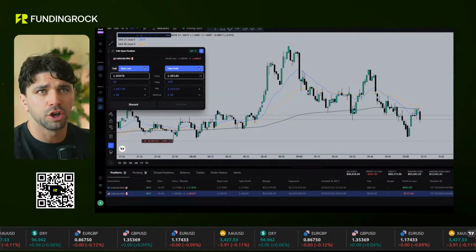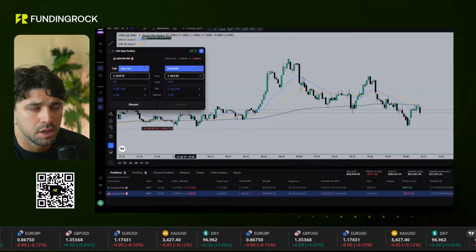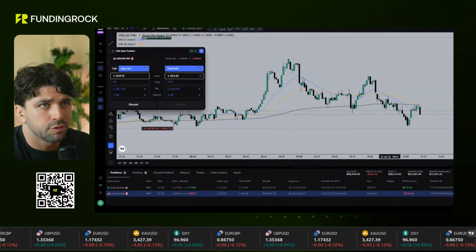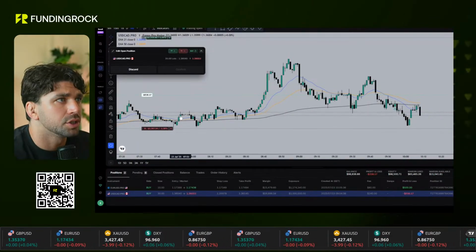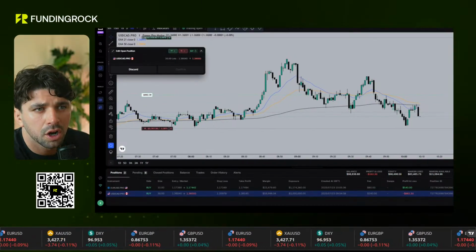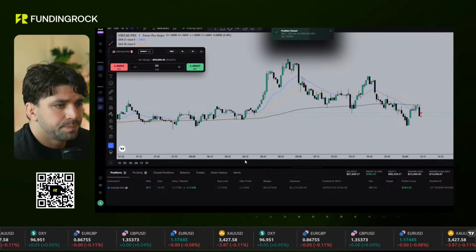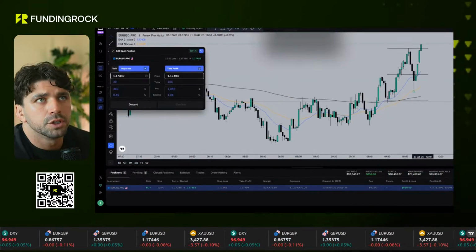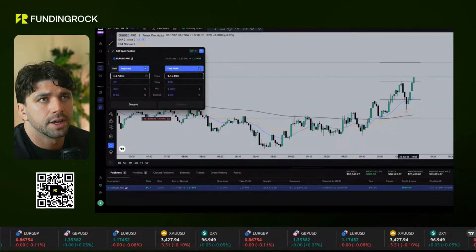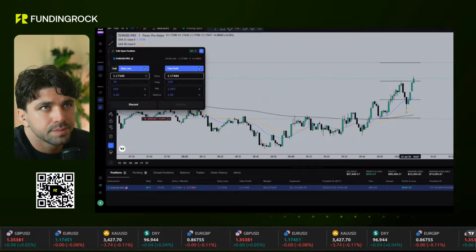It's probably better off closing that a little bit, because we're gonna have a break, retest, and probably a continuation on that 1 minute. So I'm just gonna close off that CAD trade a little bit early, and we're just gonna go with this trade on the 1 minute for Euro USD.